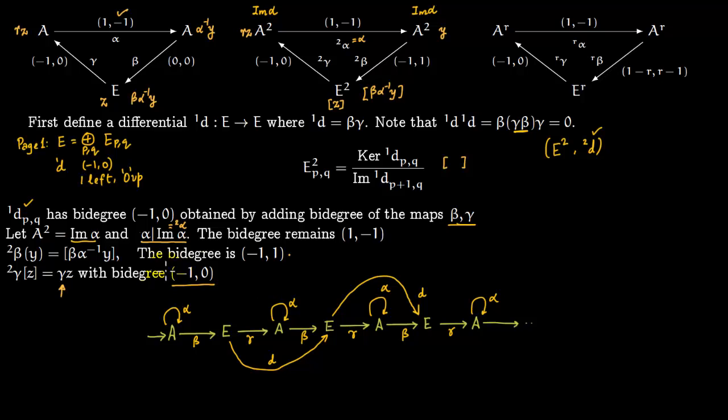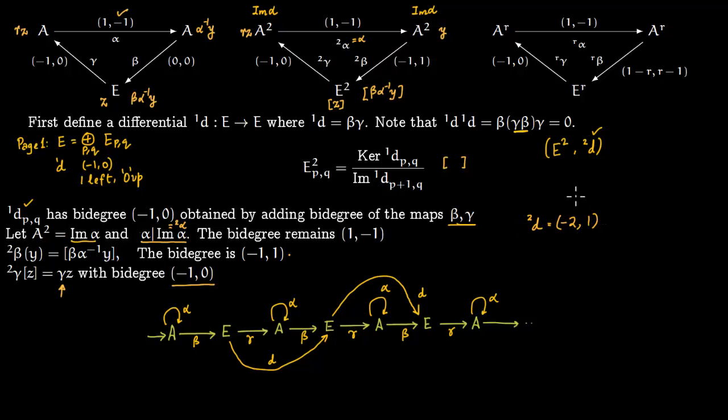Before we stop here, first notice what D1 is now. D1 is, again, as I said, a composition of these maps. You first apply gamma and then you apply beta. So what is the degree? You have to add these two, so you get (-2, 1). So your degree is (-2, 1).